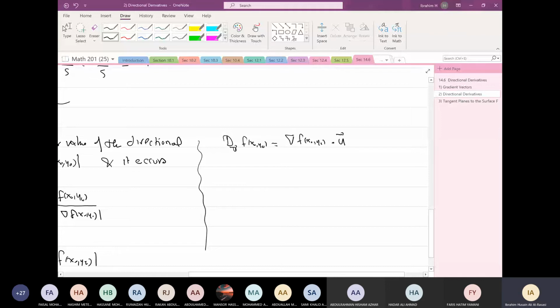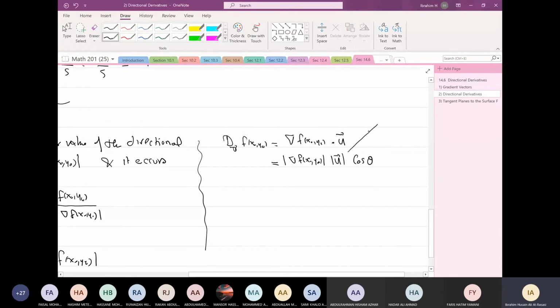It uses the dot product from chapter 12: the magnitude of the gradient of f at x0, y0 times the magnitude of u times cosine theta. Theta is the angle between the two vectors, u and the gradient. This is how to compute the directional derivative. What is the magnitude of u?